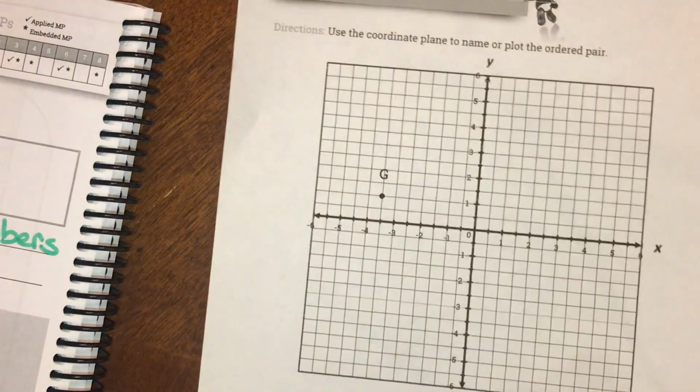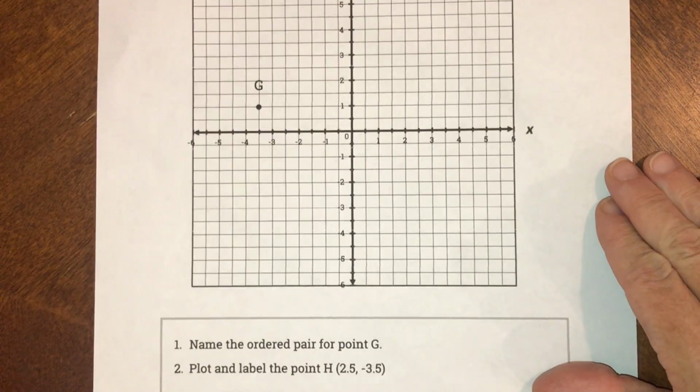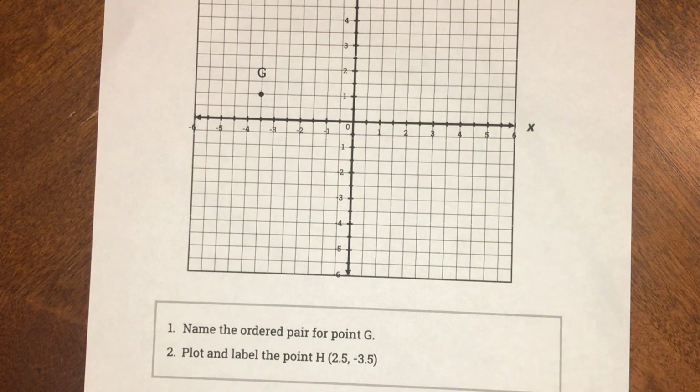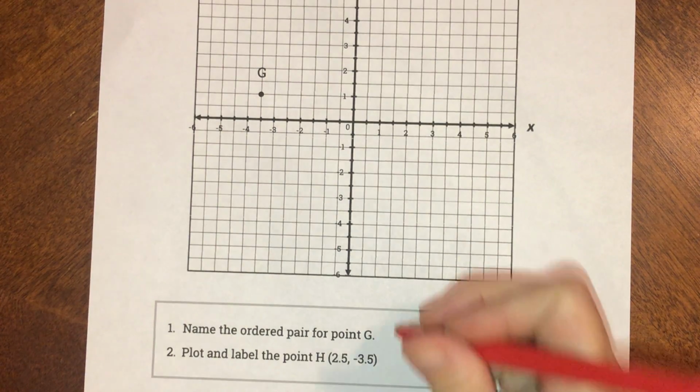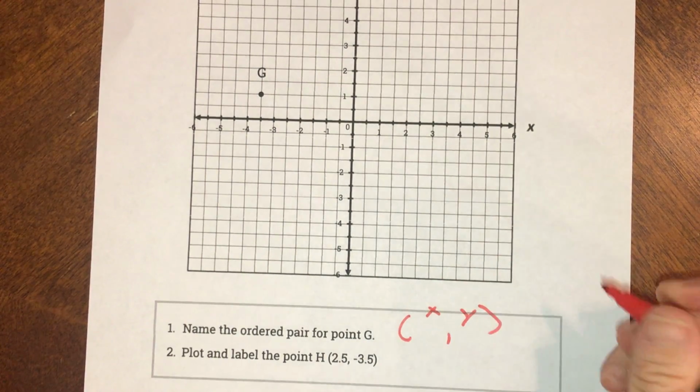Okay, so let's look at mine to start with. Here is my first problem that I'm going to be doing with you. It says, name the ordered pair for point G. Remember, an ordered pair is always going to have an X and a Y with a comma between.